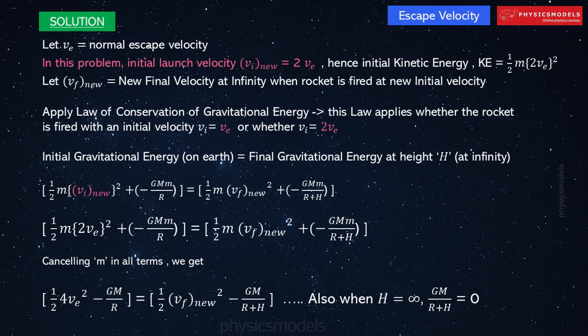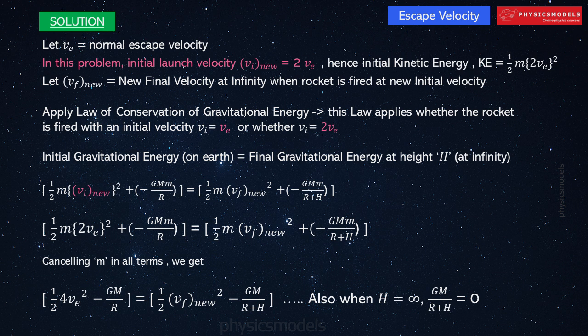So you can see here the initial kinetic energy is half mv squared, but we have to use vi nu for the initial velocity. Potential energy is always minus GMm by r.